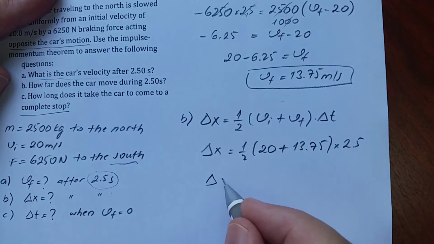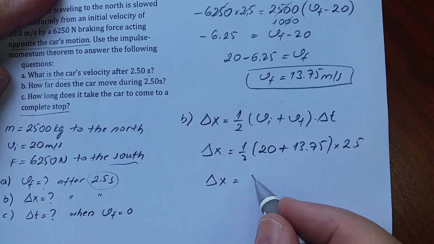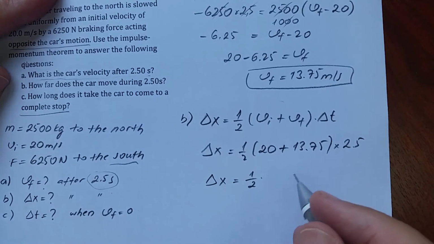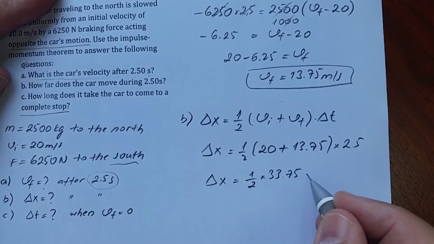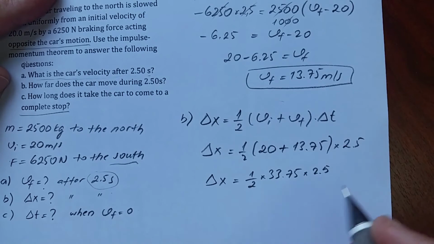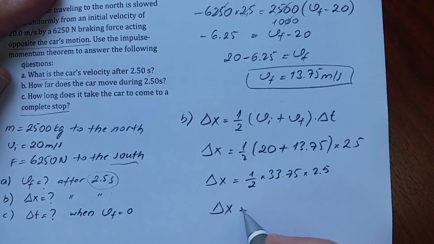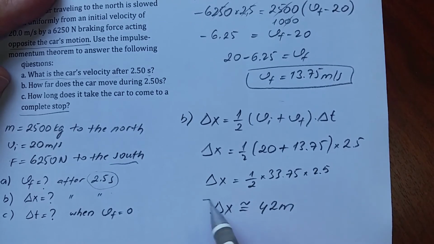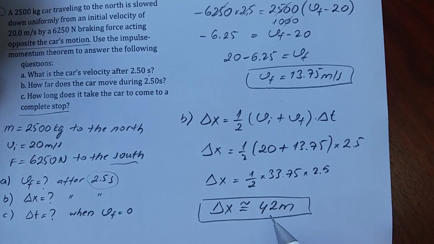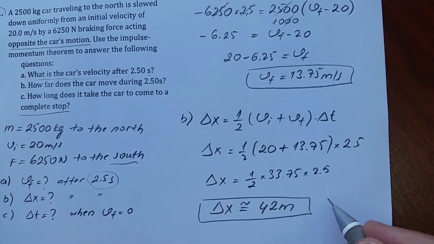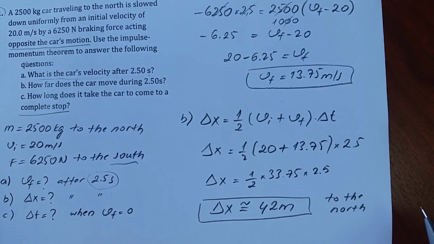So delta x is equal to 1 over 2 multiply 33.75 multiply 2.5, and delta x here will be closer to 42 meters. It is positive because it's moving to the north, and the velocity is also to the north.